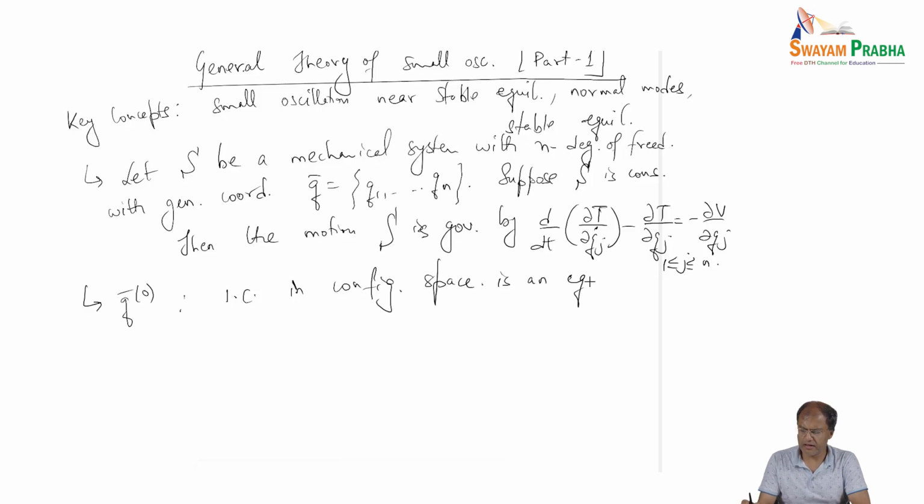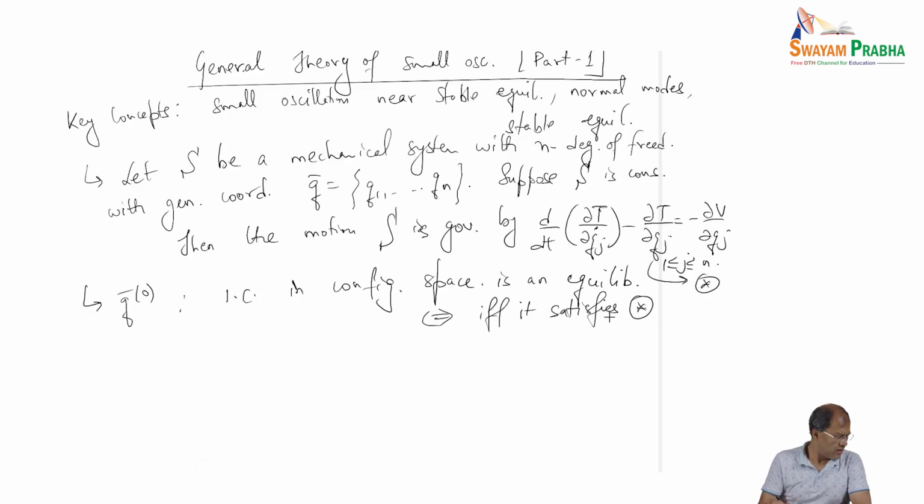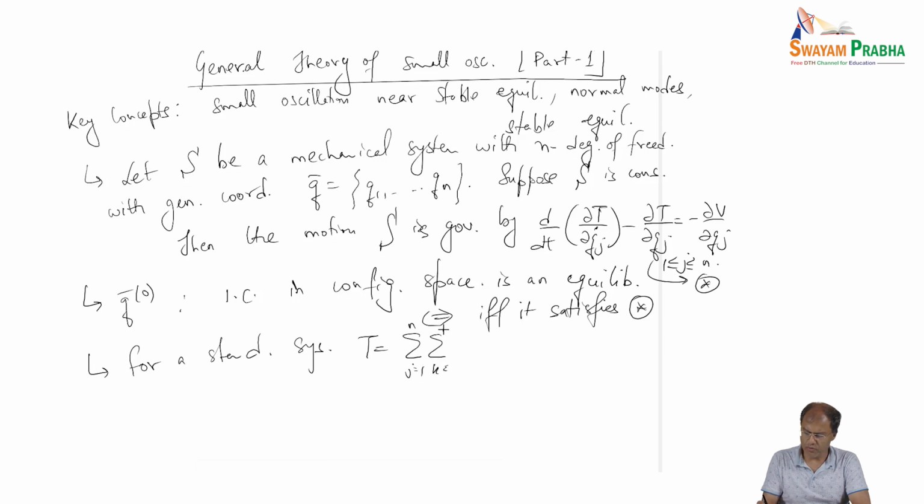Let us say this initial condition is an equilibrium if and only if it satisfies the Lagrange equation, star. And then for a standard system, we have that T is given by the summation j from 1 to n, k from 1 to n, of Tjk qj dot qk dot.